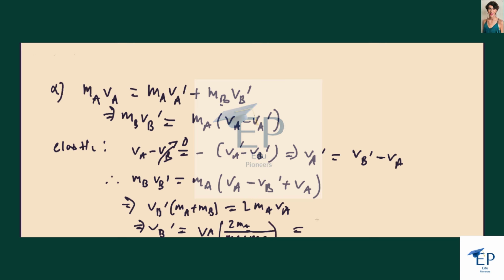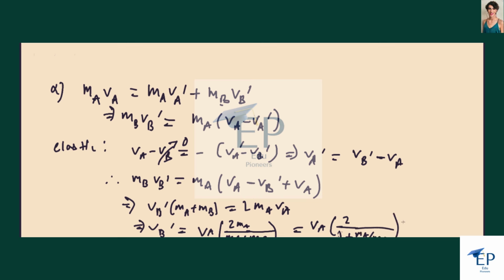We divide both sides by MA, and we get VA times 2 over 1 plus MA over MB.